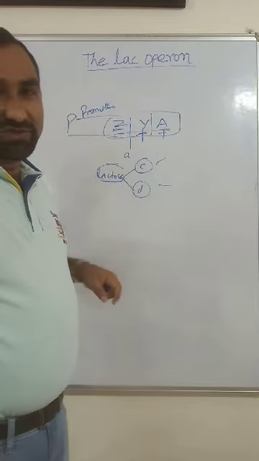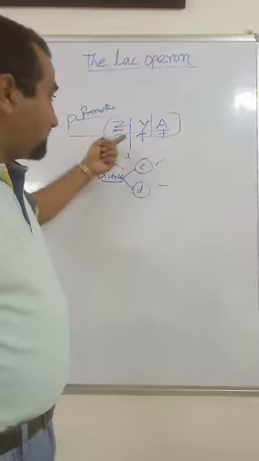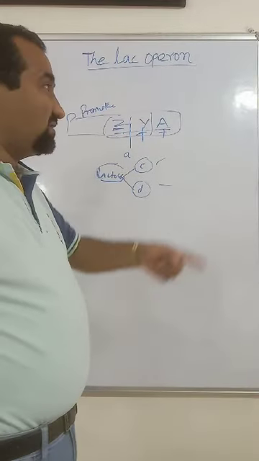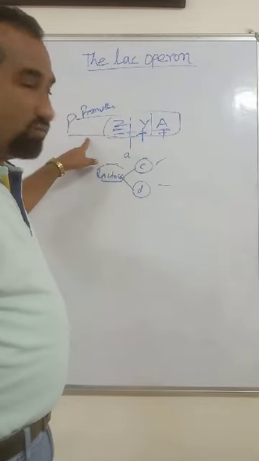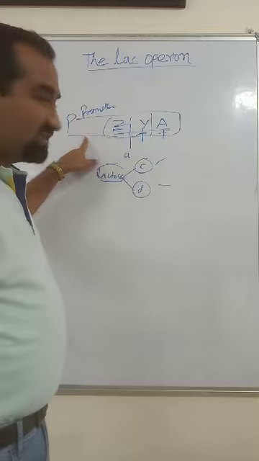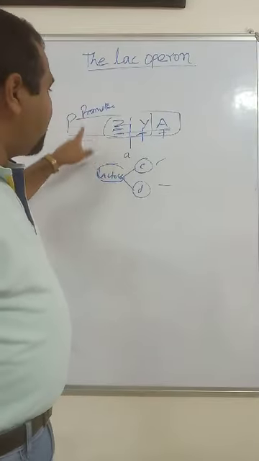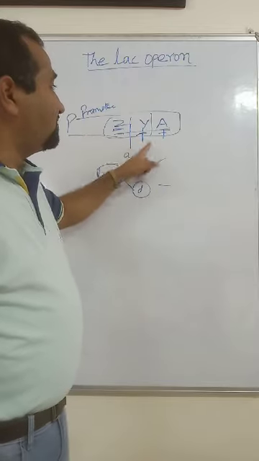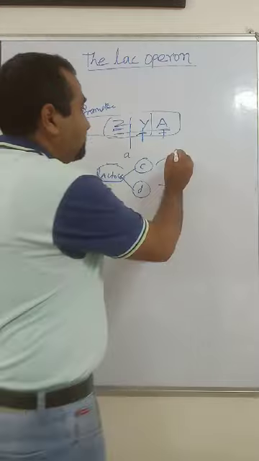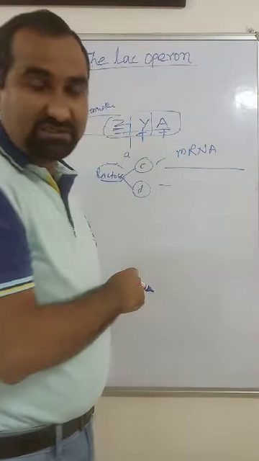If these are the structural genes and their protein products are necessary, first these genes must be transcribed, and for transcription RNA polymerase must bind at the promoter site. RNA polymerase binds at the promoter site and then transcribes these three genes, and we get a messenger RNA of these three genes.